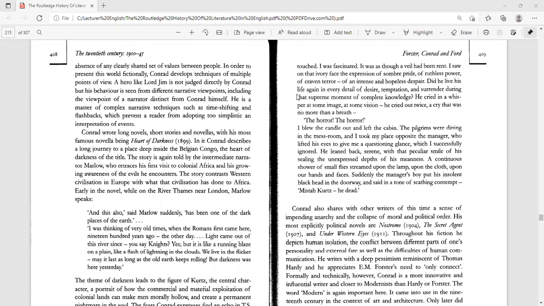Marlowe is a character who has been appointed by the colonizer to bring back another employee of the company, that's Kurtz.